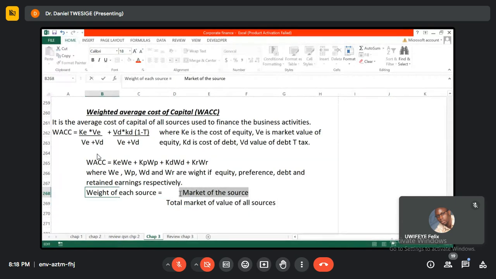That's how you're going to get your weight. It is weights of equity, not weight if equity. Okay, weights. Thank you.